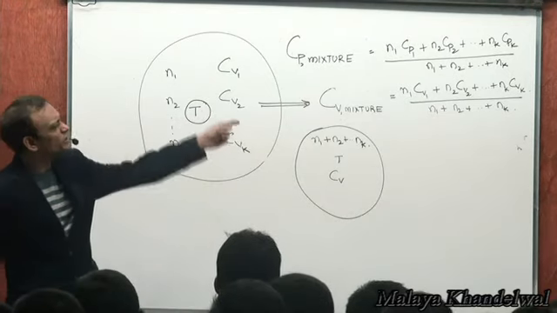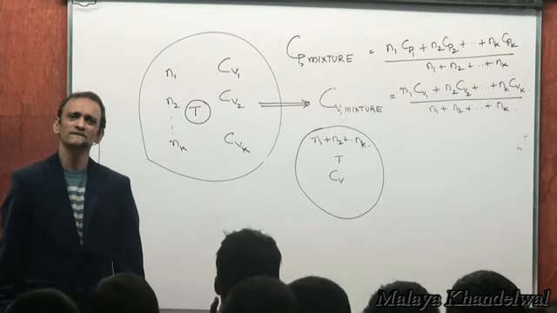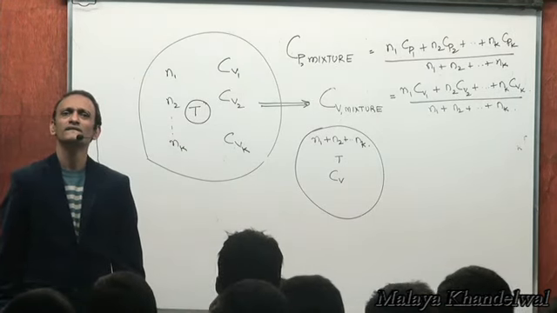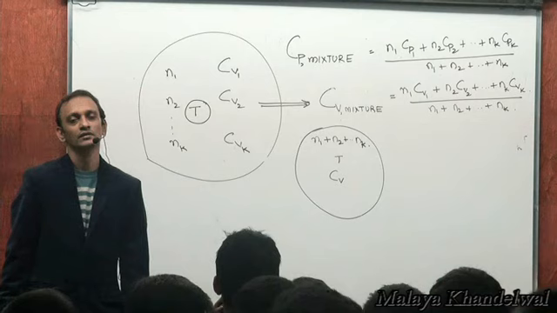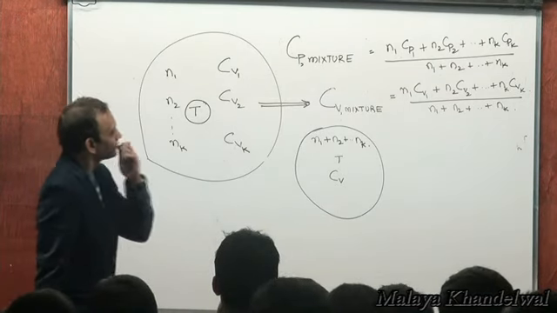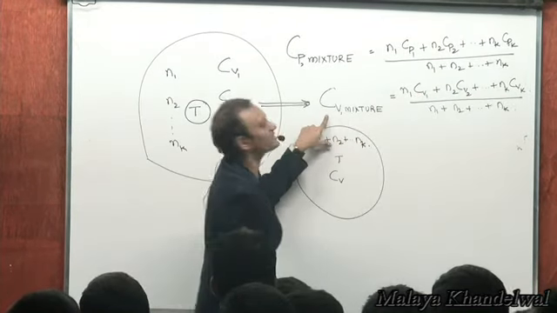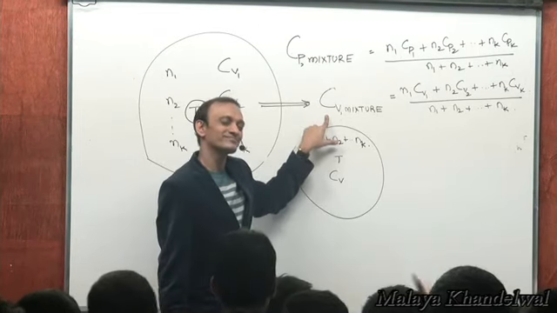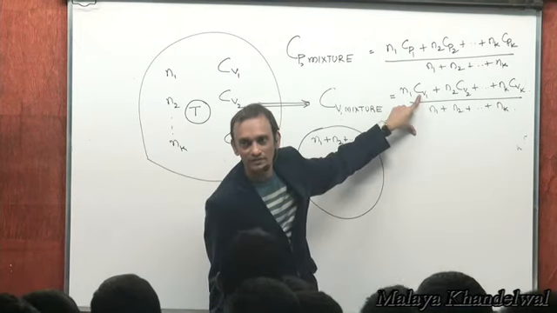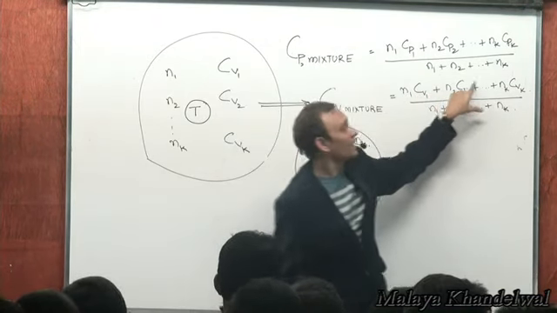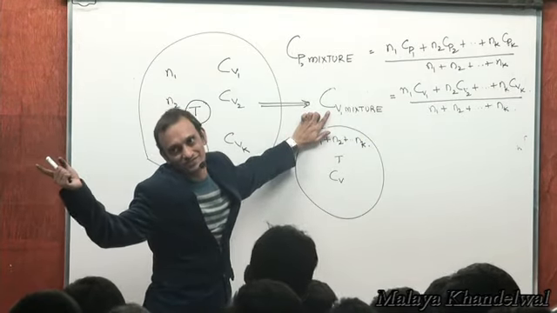Why this then? Cp minus Cv is R. We write all these Cvs as R minus Cp1, R minus Cp2, R minus Cpk, and this Cv of the mixture can be written as R minus Cp of the mixture.